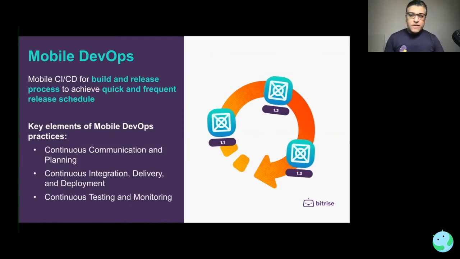And in continuous delivery, the final step will not be automated; it needs the release manager, for example, just to hit release or submit the application to the App Store. And continuous testing and monitoring. So we should communicate together, plan together, follow continuous integration, delivery, and deployment practices, and do continuous testing and monitoring. And testing is very important and one of the vital parts of mobile CI/CD pipelines.